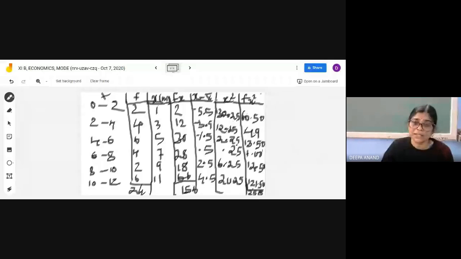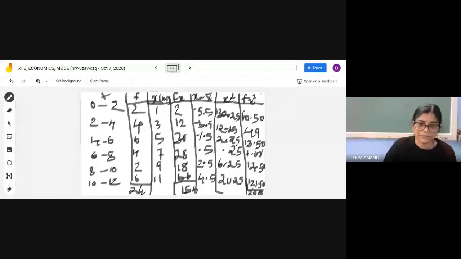Then, as it's a direct method, we have to find the mean, so fx upon n, so we have to do fx. In the shortcut method, fx is not needed. You do not want this line or this particular column, because we take an assumed mean and directly find deviation. But as this is a direct method, you have to find the mean. So for the mean we have fx. Sigma fx upon n is the mean, that is 156 upon 24.